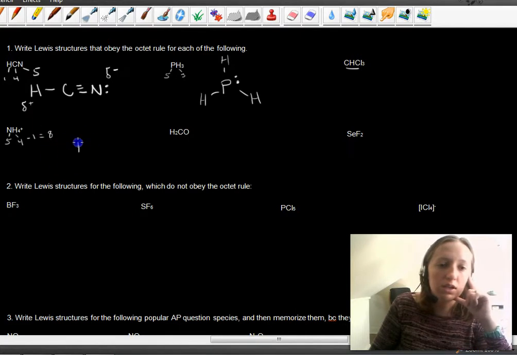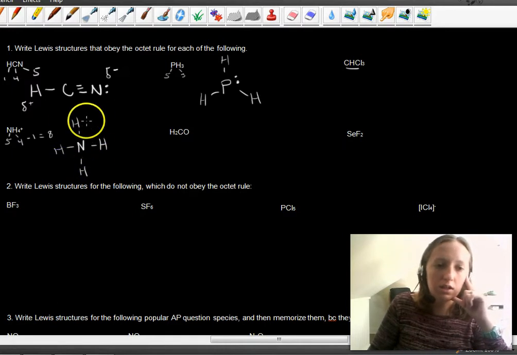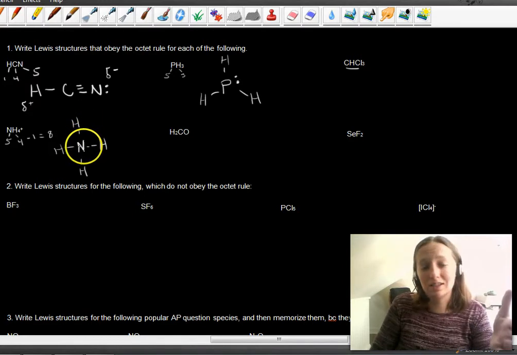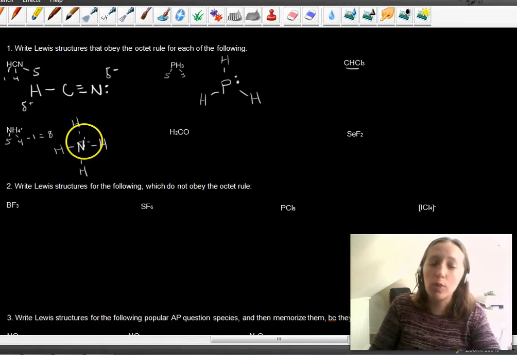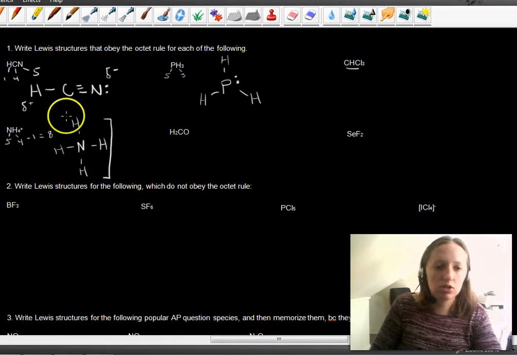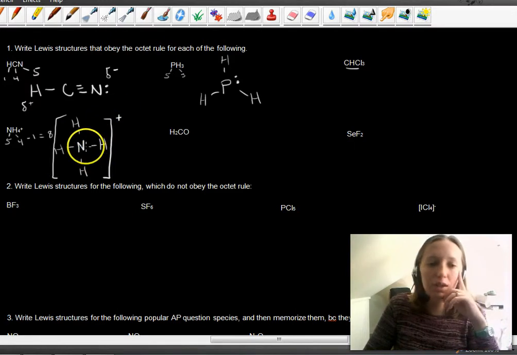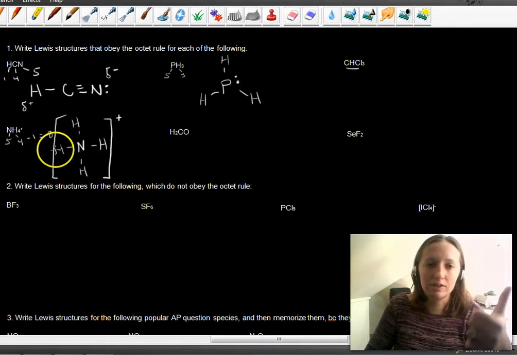So that's going to be a nitrogen surrounded by 4 hydrogens, and here's an example where nitrogen has got 4 bonds instead of 3, so it's an almost always trick, not an always always trick. Because this is charged, you're supposed to draw it in brackets and put a little plus on the outside so that people know. But nitrogen has an octet, hydrogens have a duet, and we've accounted for all 8 electrons. Bing.